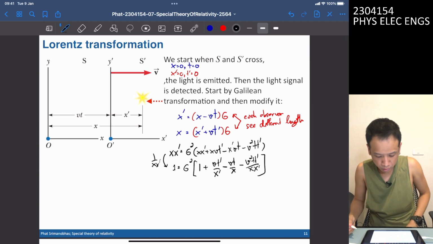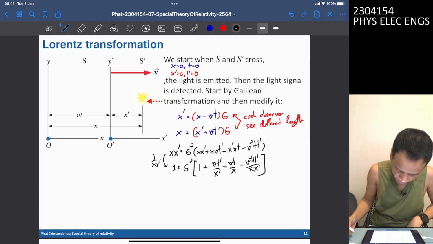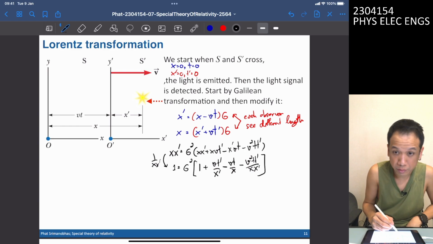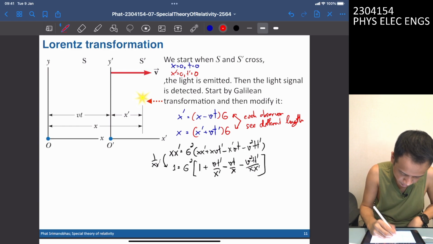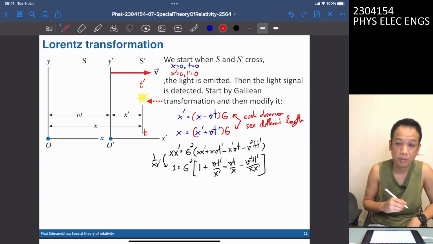So, go back to the figures. We detect the light at time t prime for the observer S prime and at time t for the observer in the S frame.